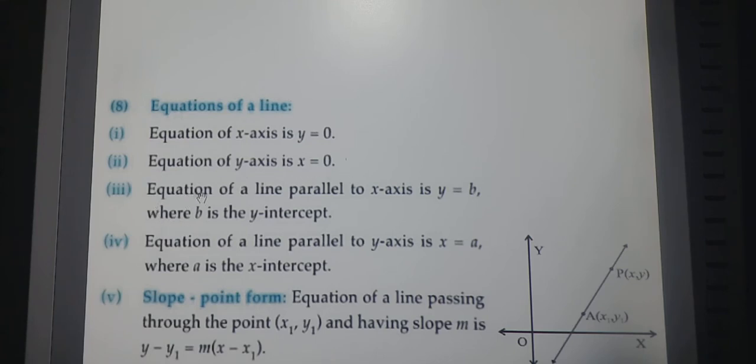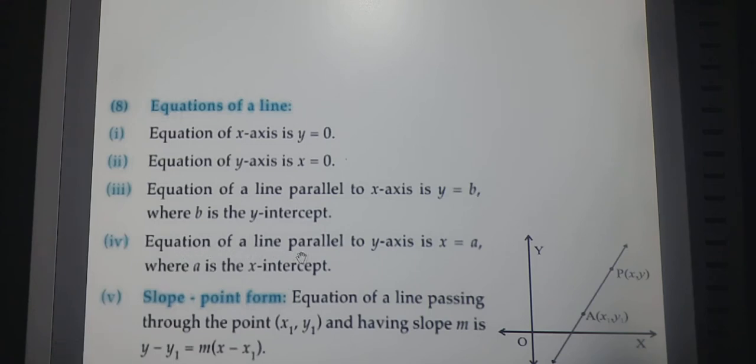Then equation of a line parallel to x-axis is y equals b. When we have to find the equation of a line parallel to x-axis, that line has some distance from the x-axis, that line has a distance which is the y coordinate. So we write here equation of line parallel to x-axis is y equals b.